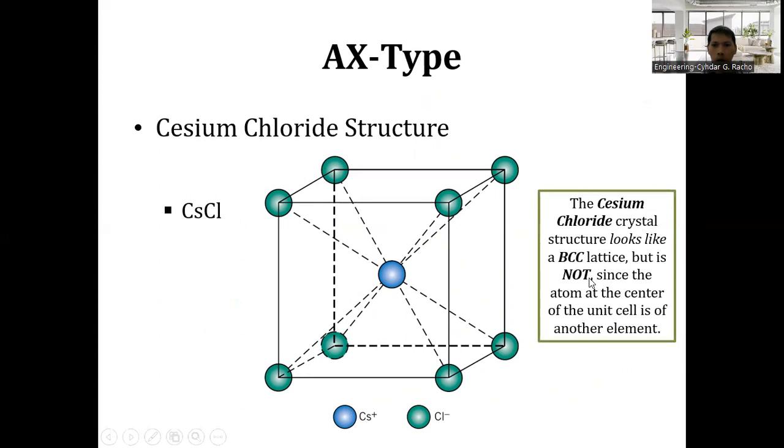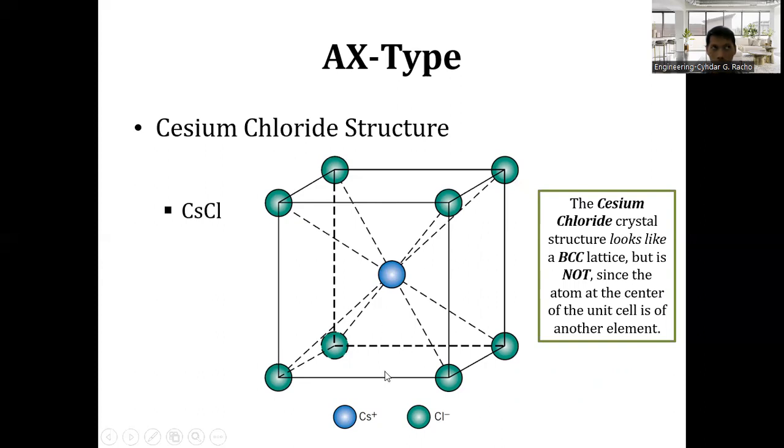The cesium chloride crystal structure looks like a BCC lattice, but it's similar, not actually the same, since the atom at the center of the unit cell is another element. So this is the chloride, and this is the cesium.